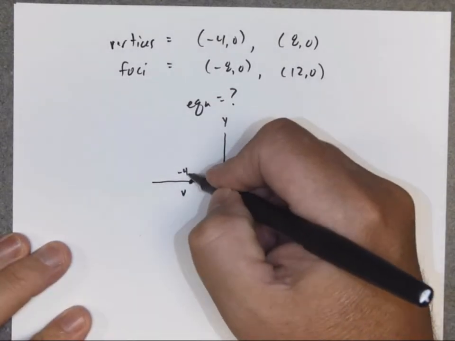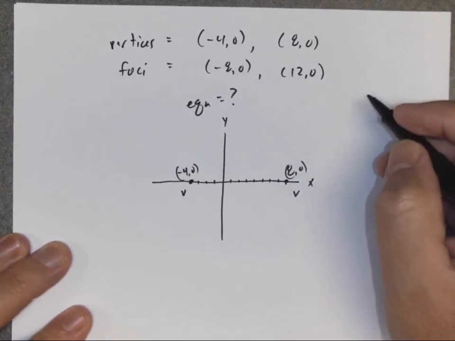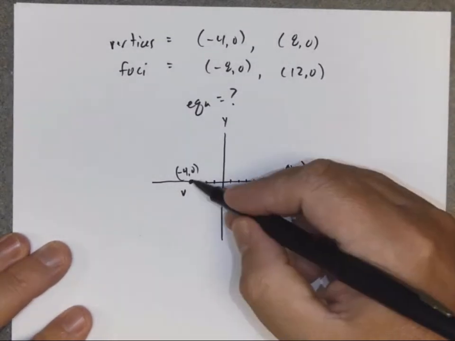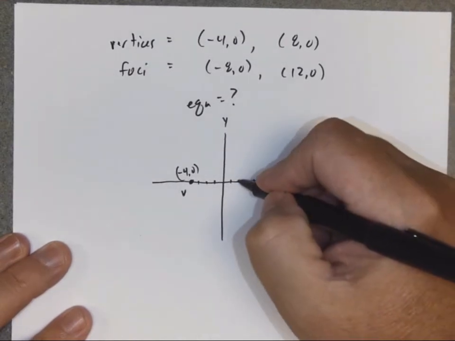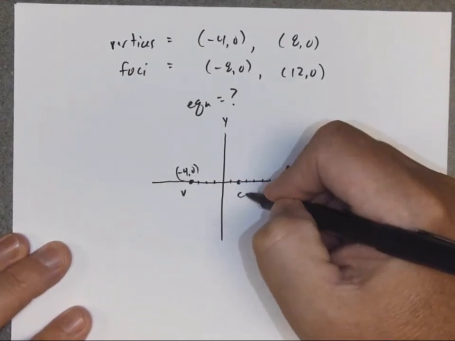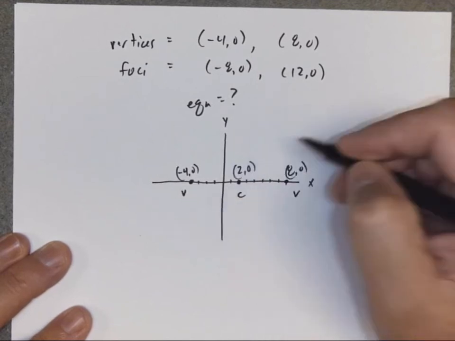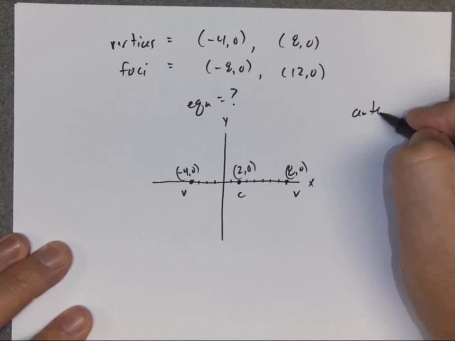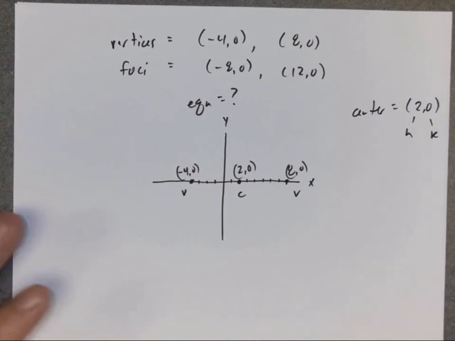If this is -4, 0 and this is 8, 0, the distance here is 12, so halfway must be 6. So that must be the center, which gives me my h and k.